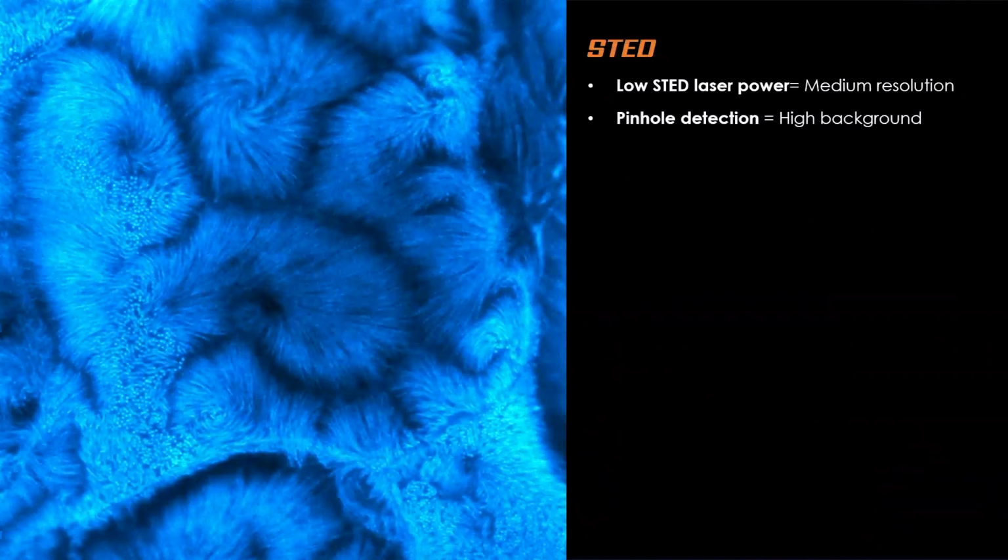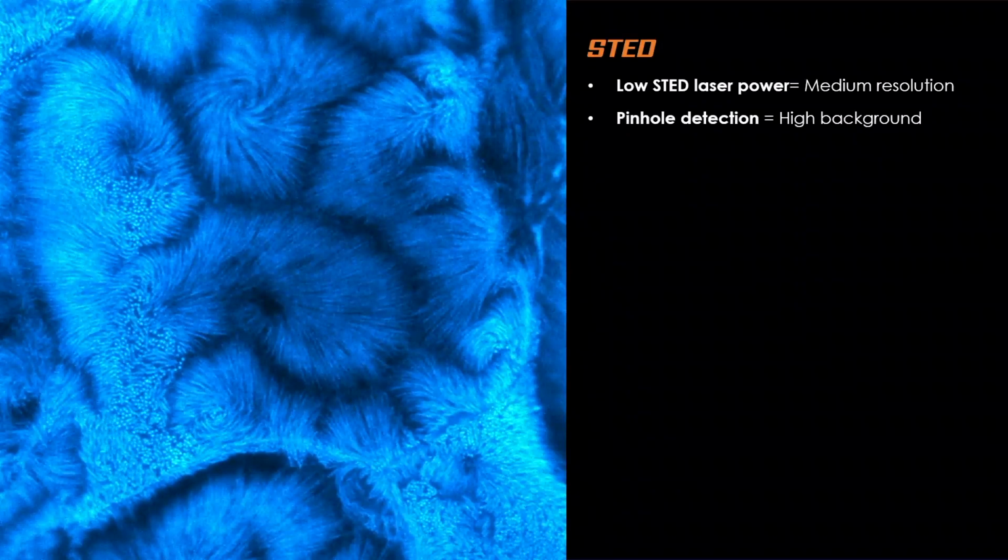Let's have a look. Here we are looking at a confocal image of Caco cells, which are cells that form microvilli. And these microvilli are not yet really visible in confocal mode. When I switch on STED, we can see there's actually a lot of very fine structures in there. But we can also see that there's still a lot of background and out-of-focus fluorescence.